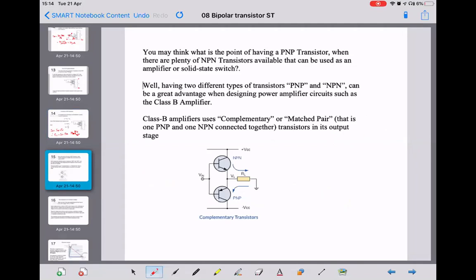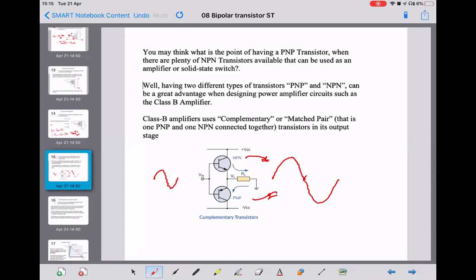If you take an AC signal going in here, one transistor handles amplifying the positive half, the NPN one, and the PNP one amplifies the negative half. They work in what's called push-pull mode. So you can better amplify, and you get less distortion and all that kind of thing by using two.